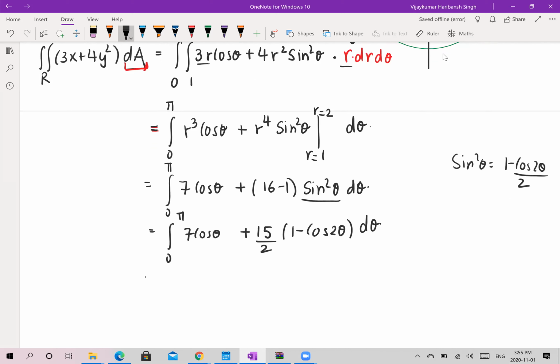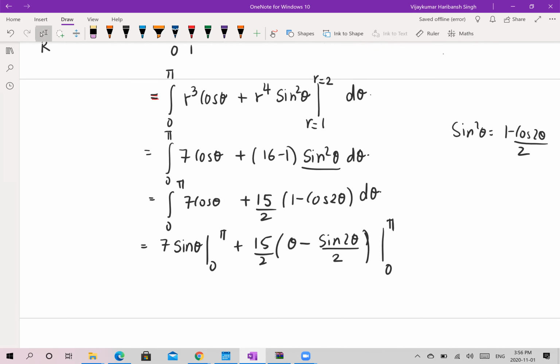So now the whole answer is going to be 7 times integration of cos theta, which is sine theta, 0 to pi, plus 15 by 2 theta minus sine 2 theta divided by 2, again 0 to pi.